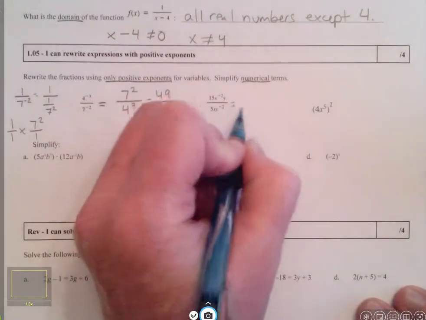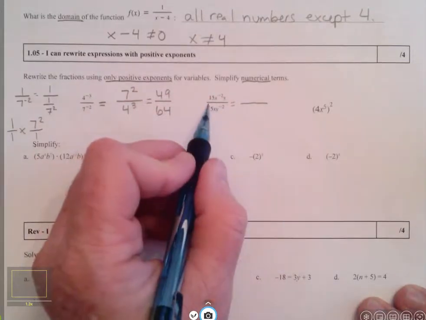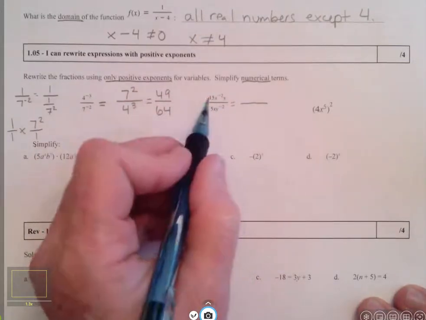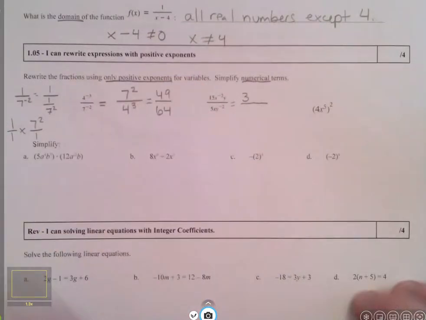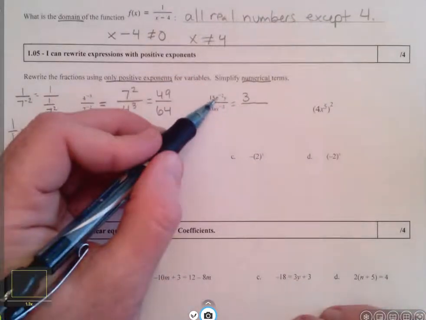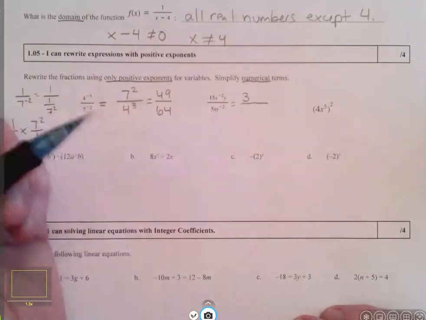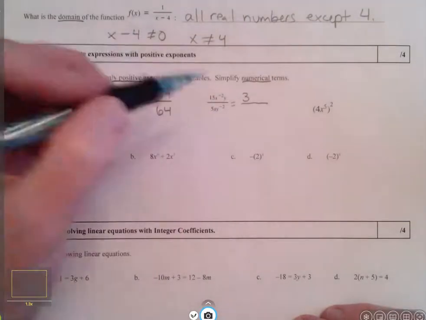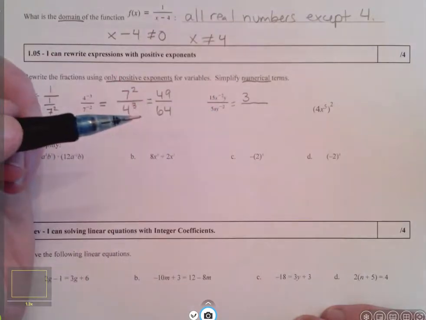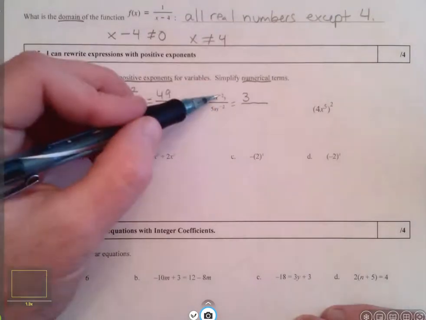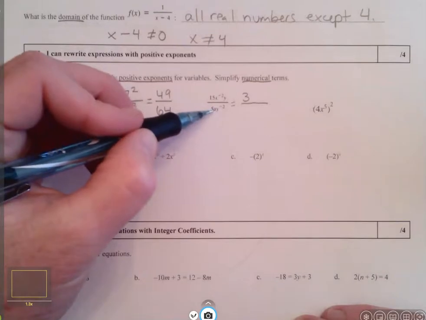All right. Now here, we have a fraction bar. This is just division. So 15 divided by 5, that's 3. Now I have x to the negative 2 power and x to the first power. So remember, we subtract when we divide. So we have negative 2, and if there's no exponent here, there's understood to be a 1.